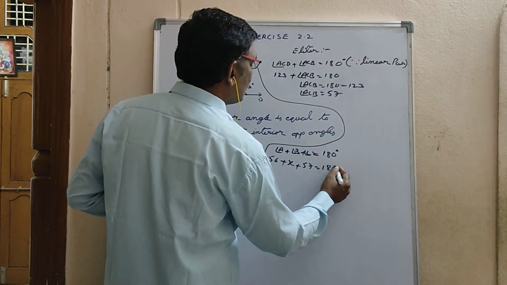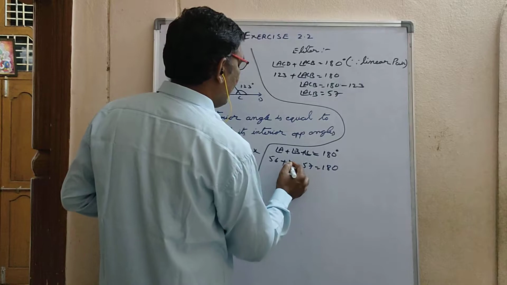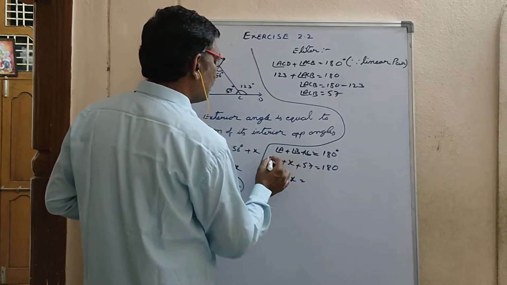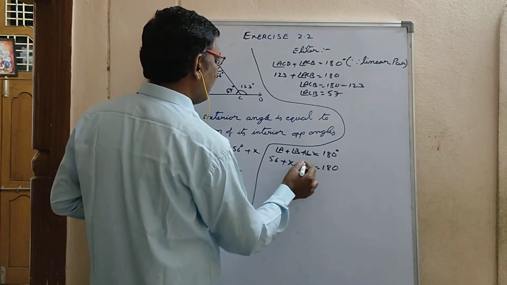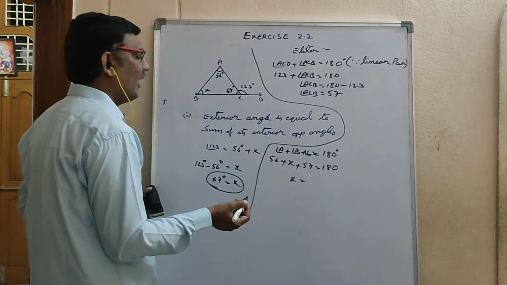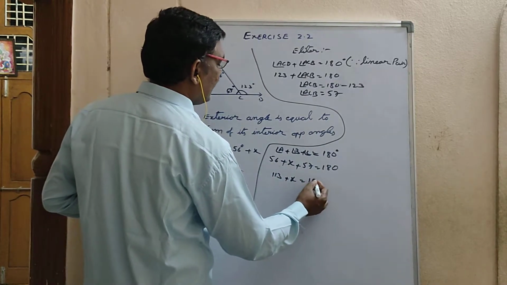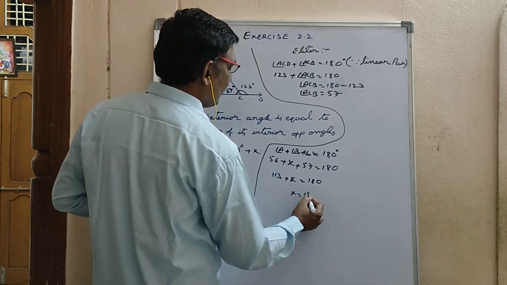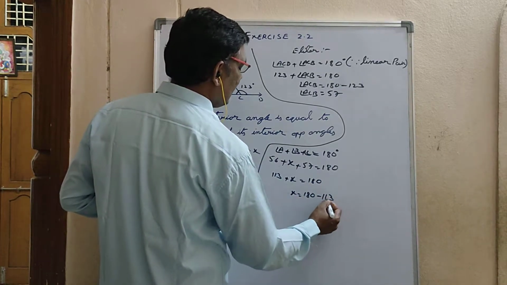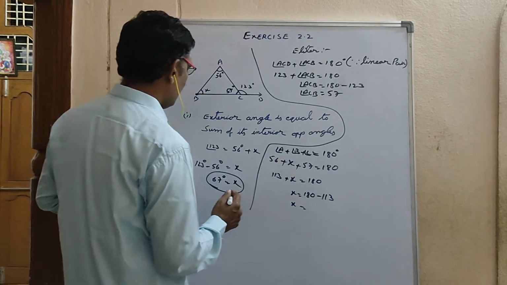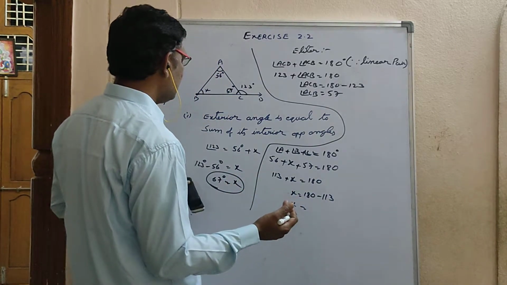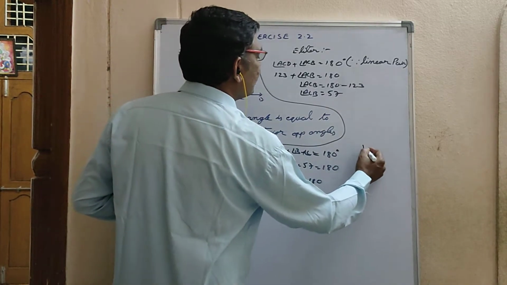Is equal to 180. Keep x only here. Add these two, 56 and 57. 7 plus 6 is 13, 3, carry 1, 113 will come. So x is equal to 180 minus 113.